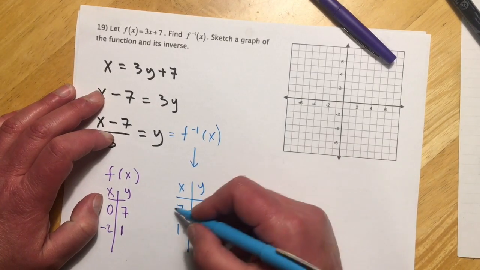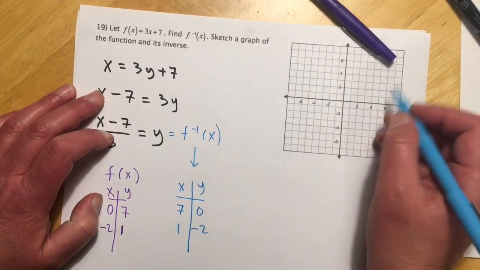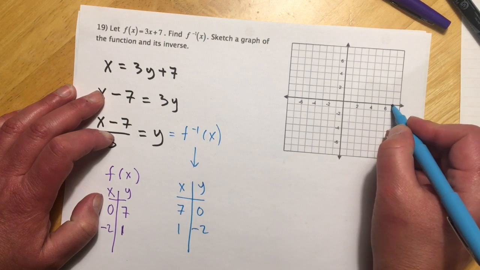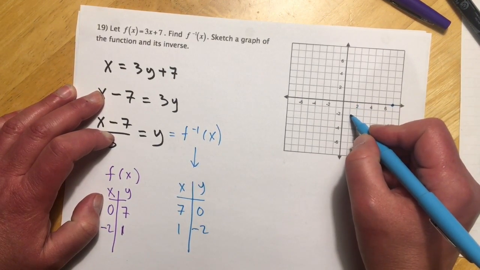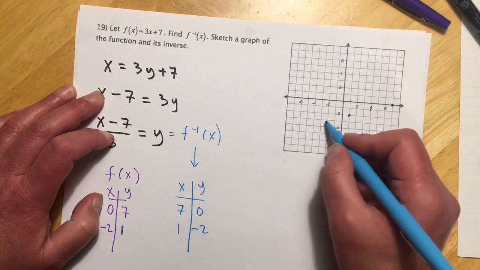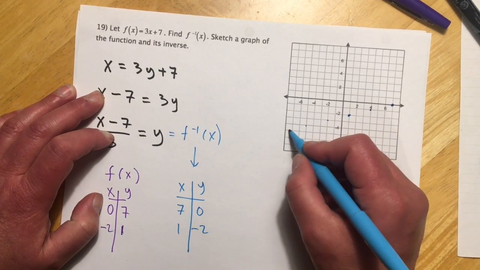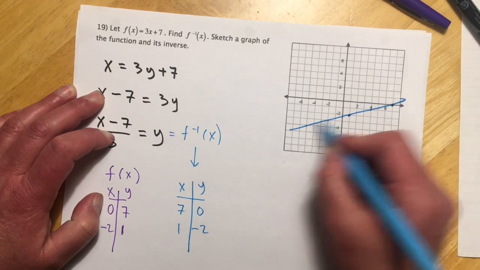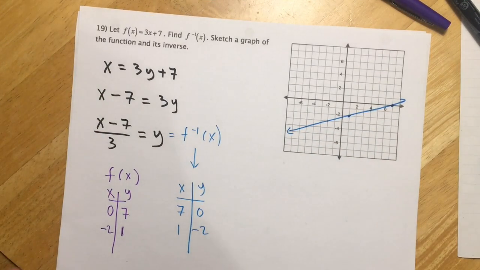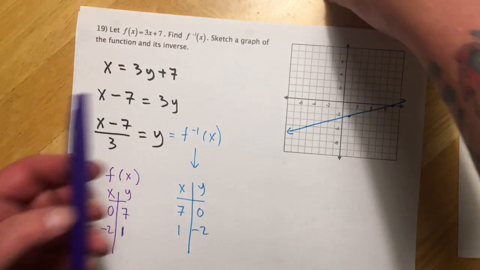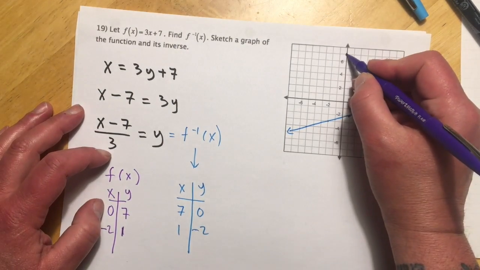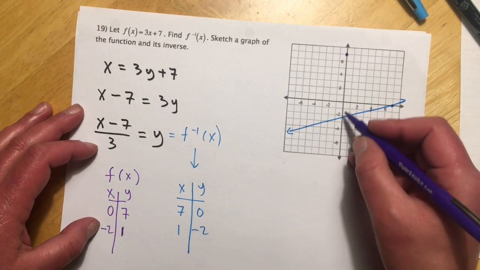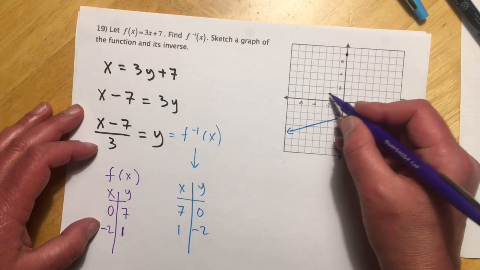So for the inverse, let's see, when x is 7, y is 0. And when x is 1, y is negative 2. So that looks about like that, I guess. And then for this one, when x is 0, y is 7. And when x is negative 2, y is 1.